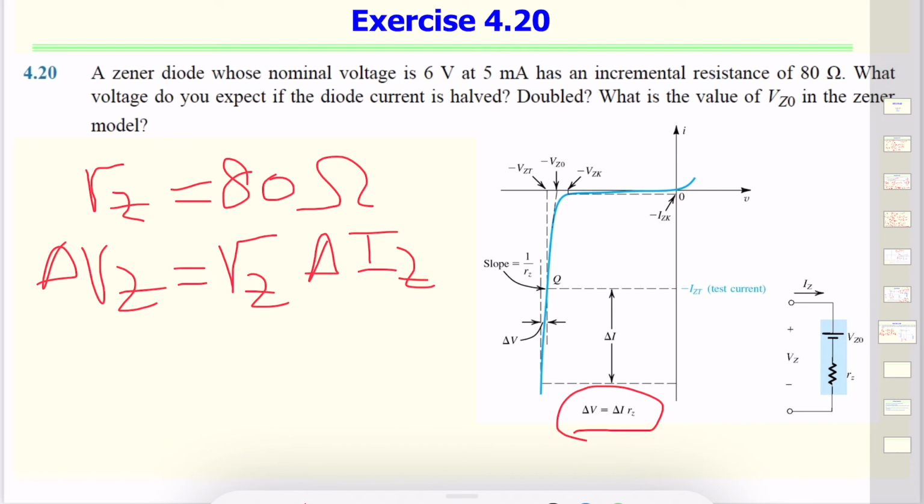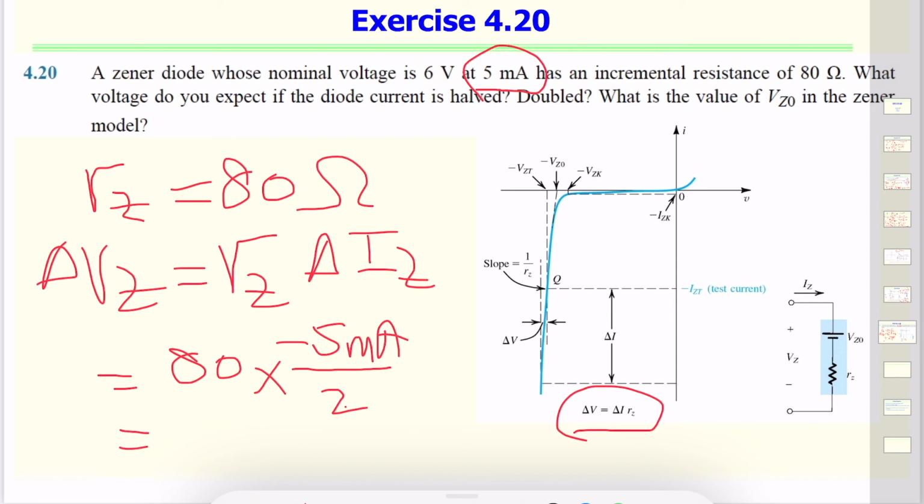So here the current IZ is given as 5 milliamps, and the question says what happens if it is halved. So RZ is still the same, and we can halve 5 milliamps, and now we have to use the minus value because it's in reverse bias. Minus 5 over 2, minus 2.5 milliamps. And that gives us minus 200 millivolts. Now, what would be the Zener voltage?